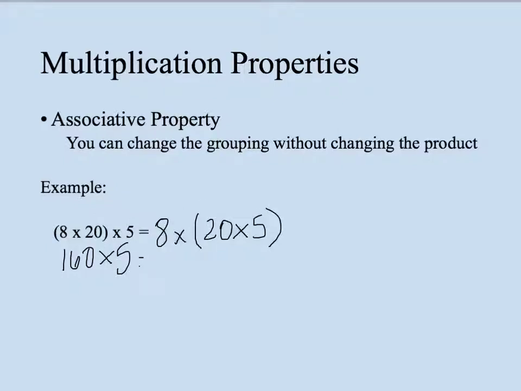So on the left-hand side, when I multiply 8 times 20 first, I'm going to get 160 times 5. However, on the right-hand side, when I do 20 times 5 first, I'm going to get 8 times 100. In the long run, I'm going to get the same product. It's just a different process of getting there.